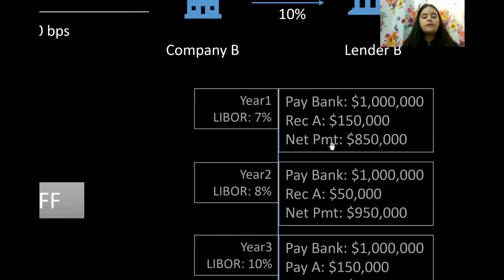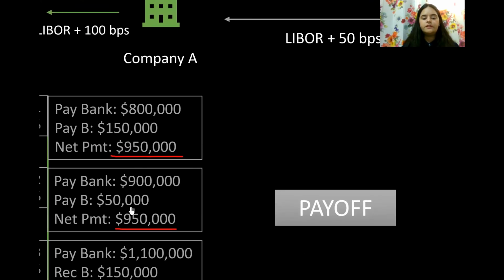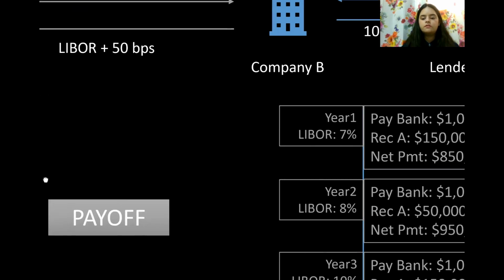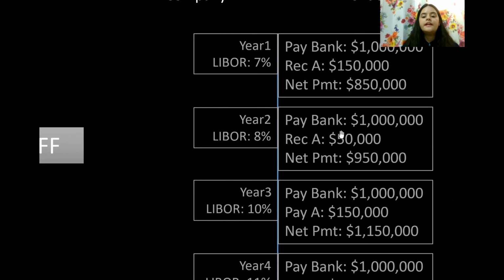In year two, the LIBOR increases to 8%. So company B again pays the lender $1 million, which is fixed, and receives from company A $50,000. So the net cash outflow for company B is 1 million minus 50,000, $950,000.